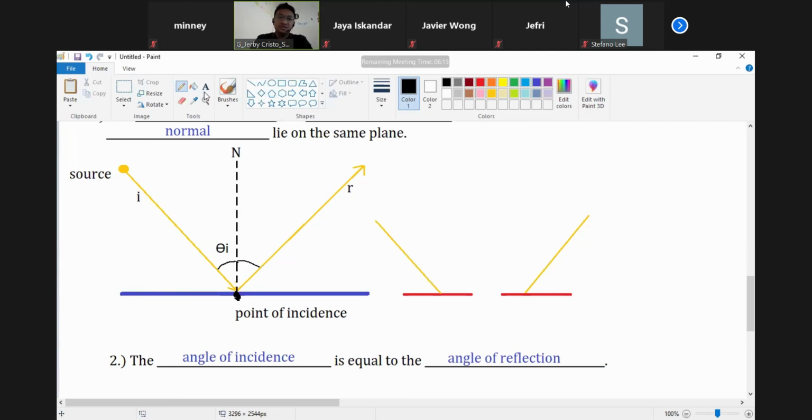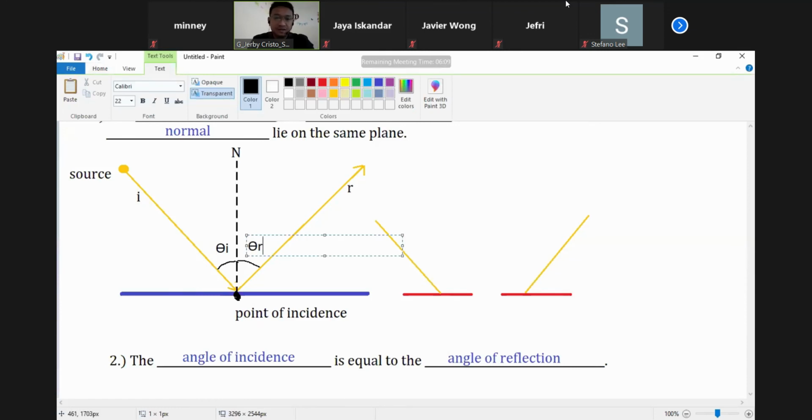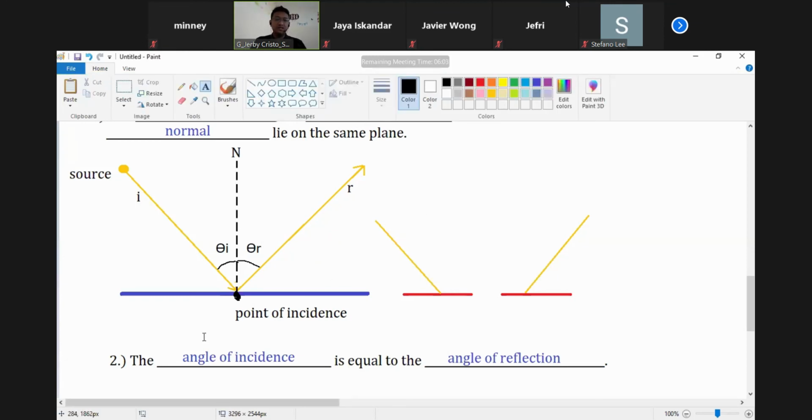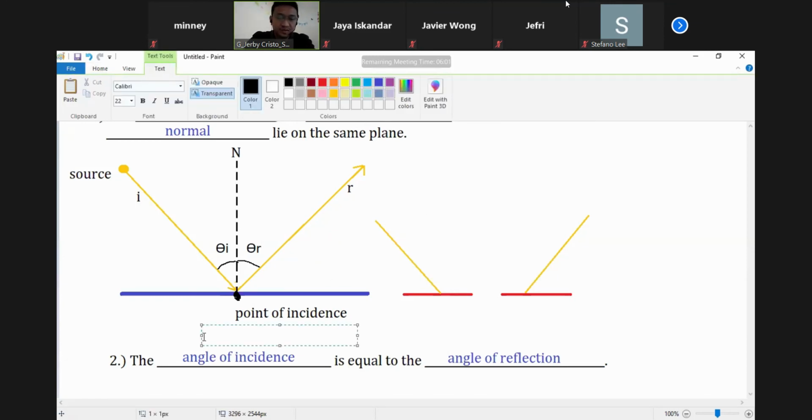That's theta R. According to the law, theta I has to be equal to theta R. They should always be equal.